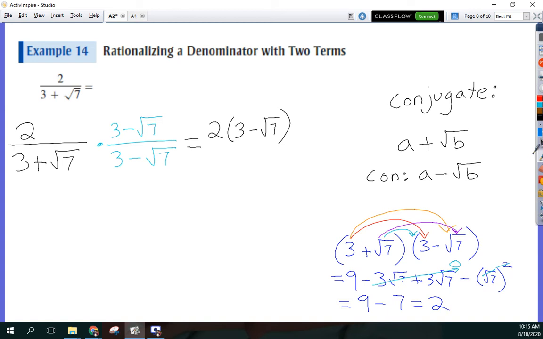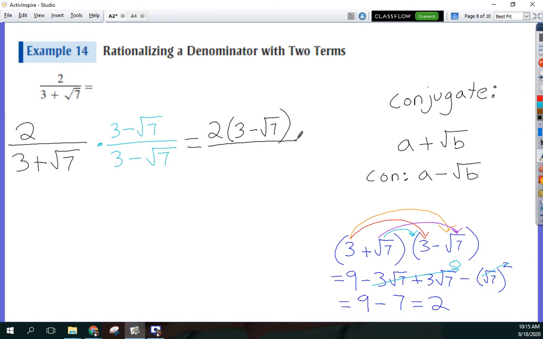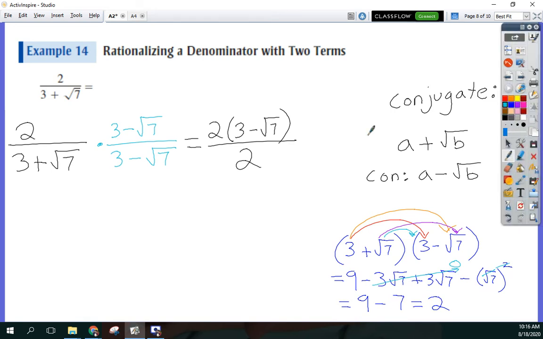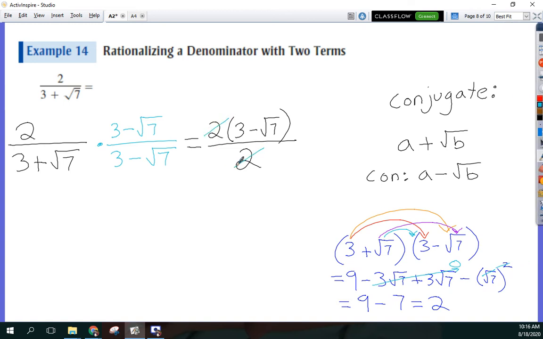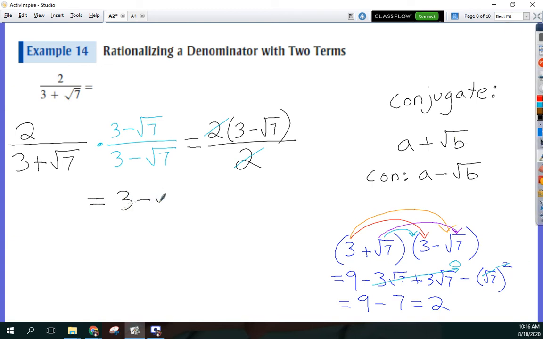So now, because I did my scratch work on the side, it makes it a little bit easier up top. I multiplied these two together, and I got 2, so that's what's going to go into my work. And lucky for us, now notice that we have a 2 up top and on the bottom, so those are going to reduce to 1, and we're just left with 3 minus the square root of 7.